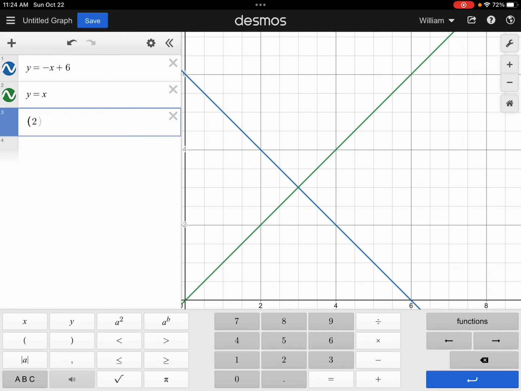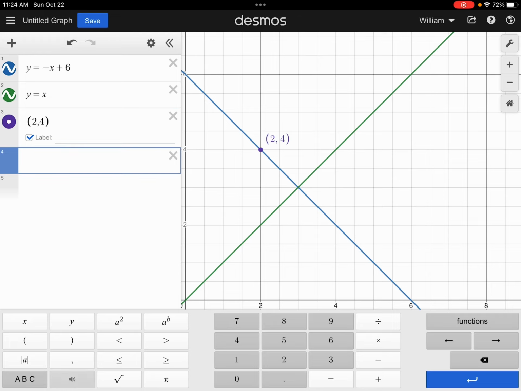So if I graph 2 and 4, and I'll label that just so we can see it. And then if we graph 4 and 4, I'll label that one. And then I'd have a point at 2 and 2, wouldn't I?